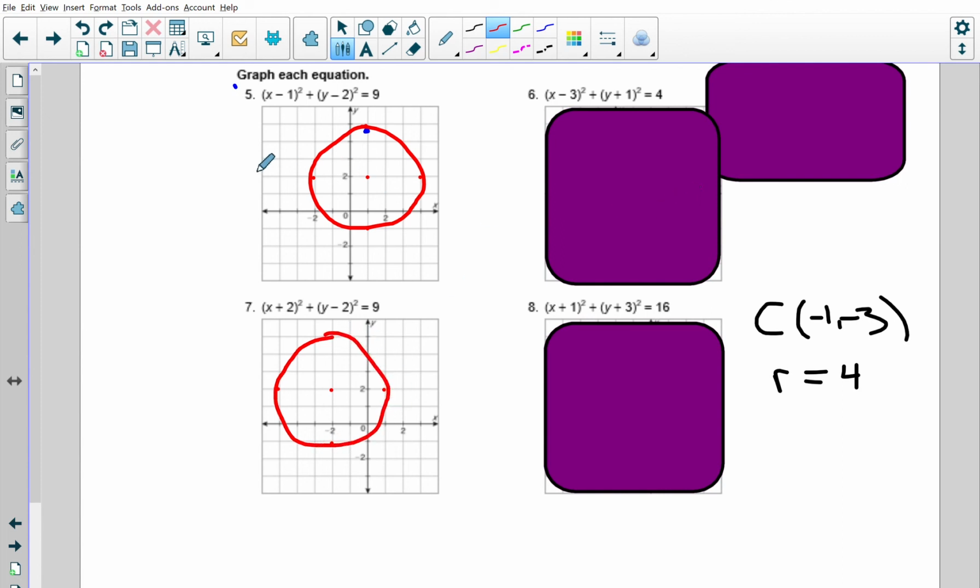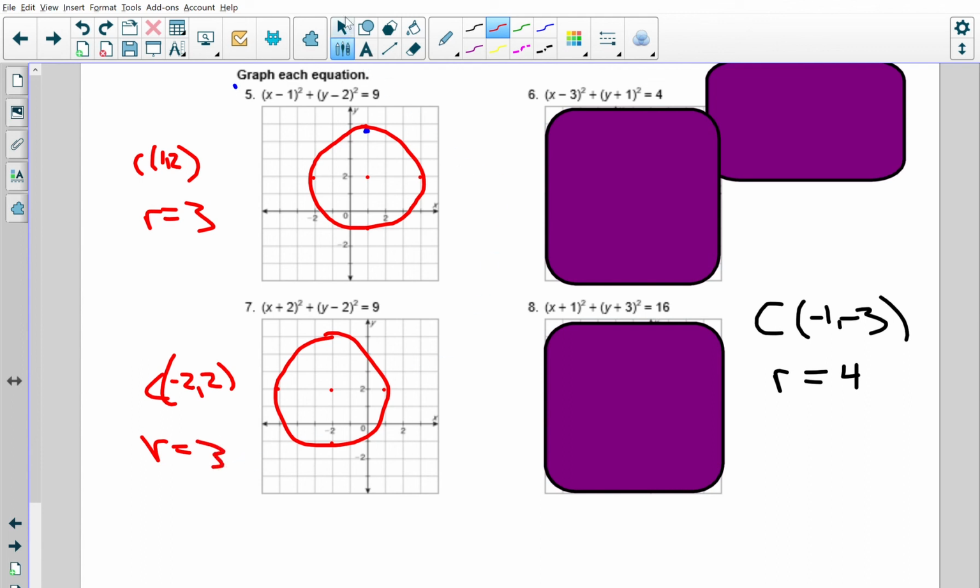Something like that. So this would be 1, 2 is the center. Radius 3. This is -2, 2. Radius 3. You try these two.